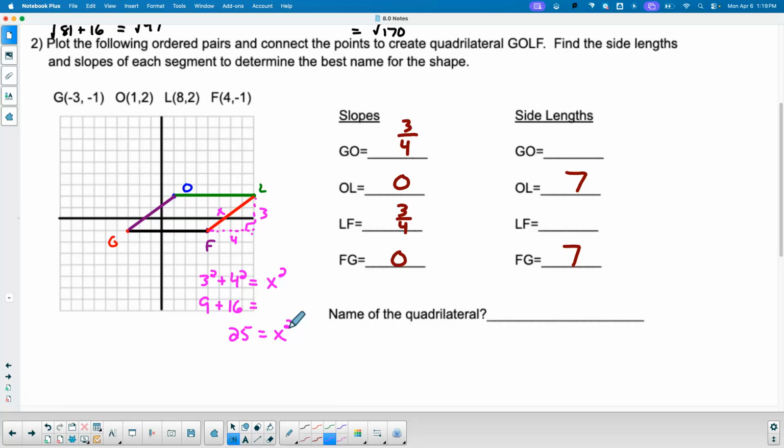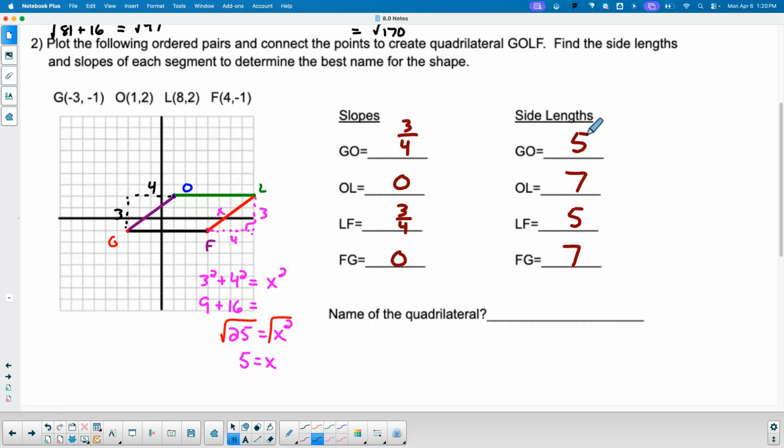Okay, what's the square root of 25? 5. Math is going to be the same on GO, right? Okay, so it's also going to be 5.